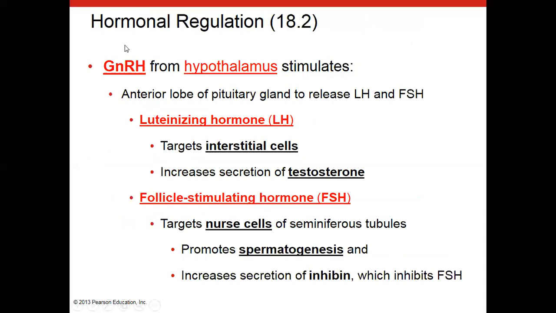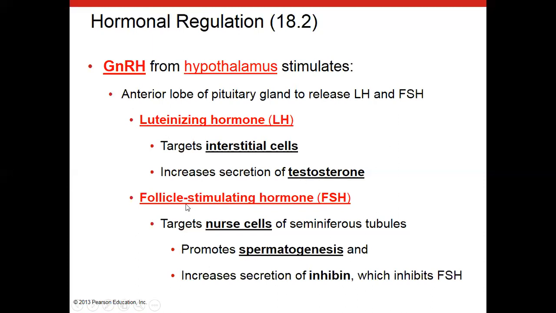GnRH, this hormone here, is a hypothalamic hormone. It's called gonadotropin releasing hormone. RH is releasing hormone. This GnRH stimulates the production of luteinizing hormone as well as follicle stimulating hormone from the pituitary gland. Luteinizing hormone targets interstitial cells to stimulate them to produce testosterone.